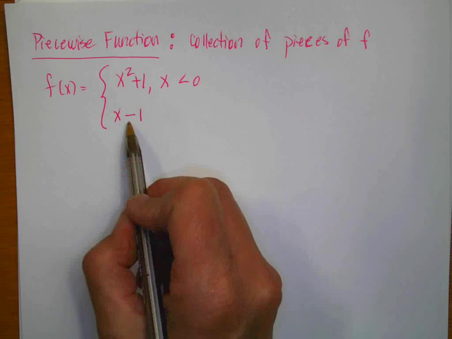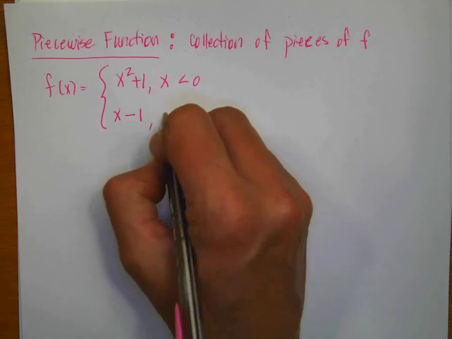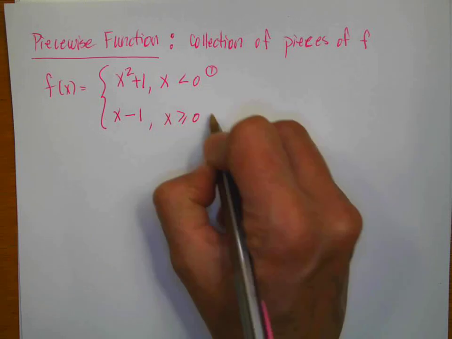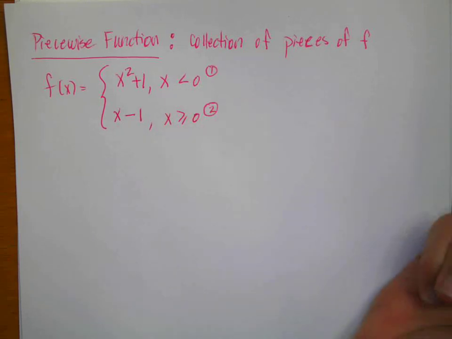The other part of the graph, the other piece, so this is the first piece, this is the second piece, is going to be x is greater than or equal to 0. And I'm going to put a little number there. Has no mathematical relevance, but it's just going to help me talk about the two different graphs. All right? So that's what a piecewise function looks like.